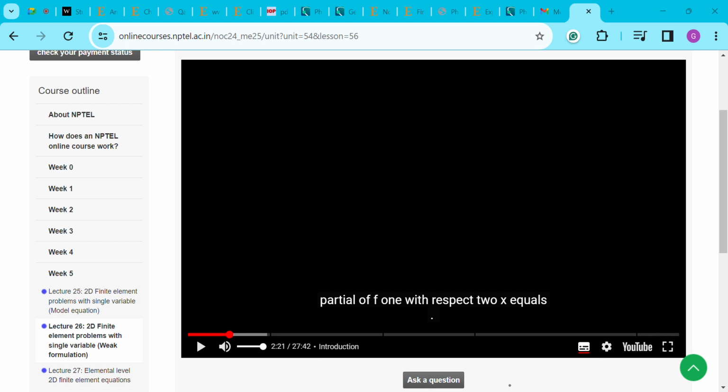Then it won't be proper, right? Small changes affect the determinant a lot. Even rounding off error would affect the solution a lot.